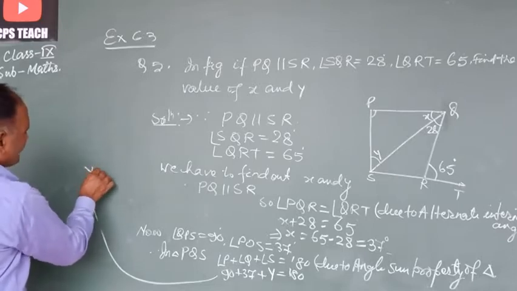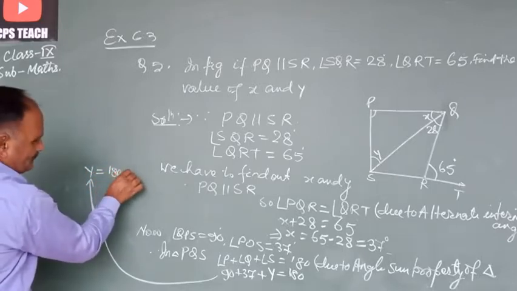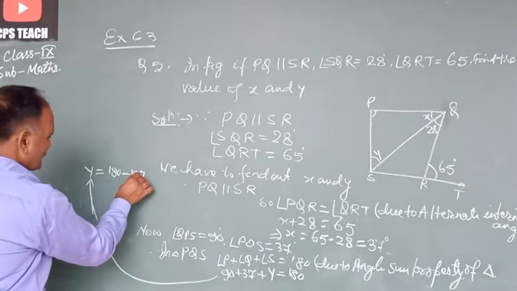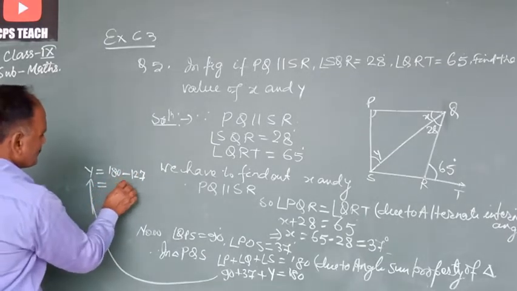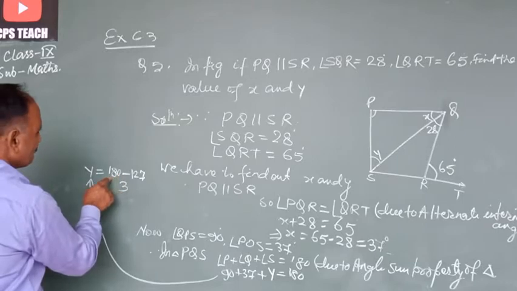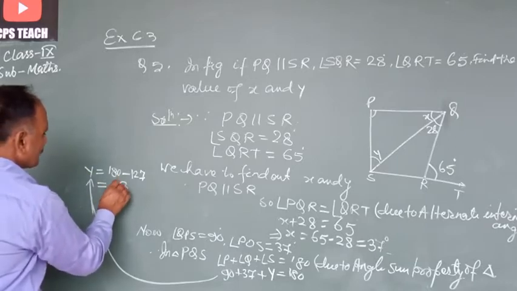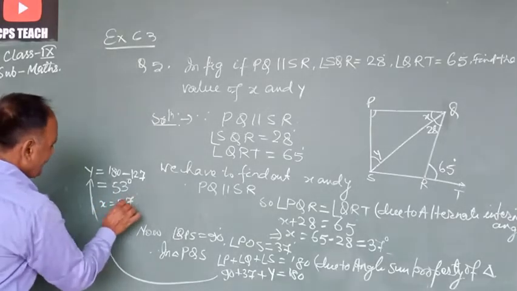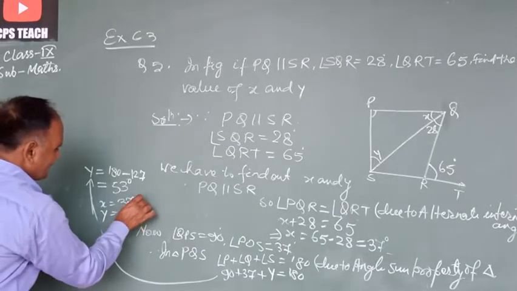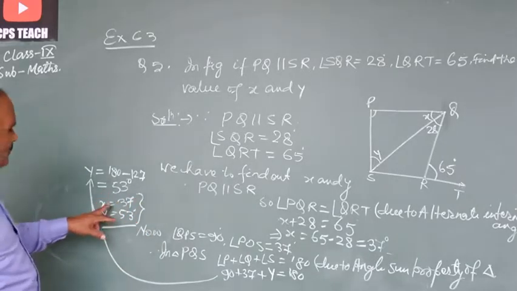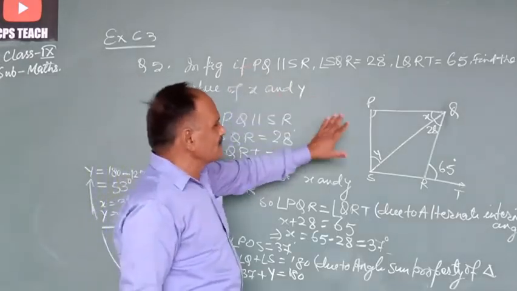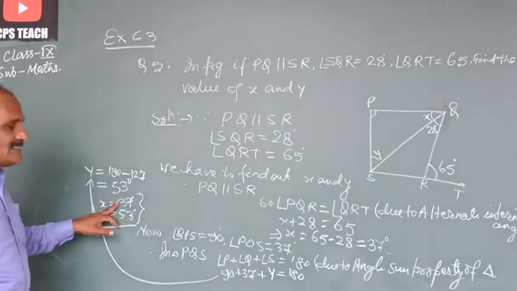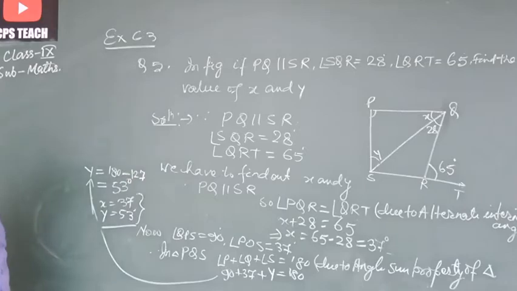This implies Y is equal to 180 minus 127, which is equal to 53 degrees. So X is equal to 37 degrees and Y is equal to 53 degrees, and these are the values of X and Y. According to the question on your blackboard, the values of X and Y are 37 and 53 degrees. That's all.